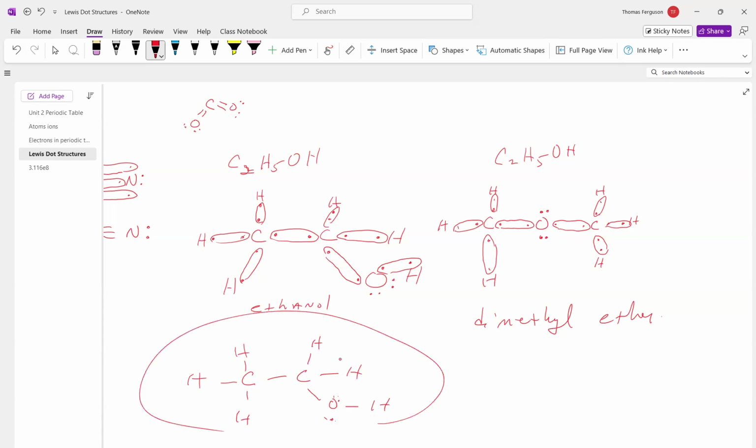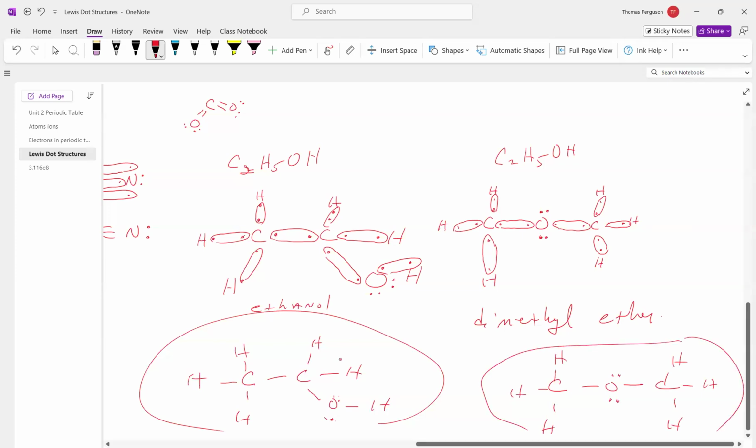So this would be a final structure. And that's what that would look like. Okay, now you need to practice this a fair amount. So that's what we're going to do today for the rest of the hour here.